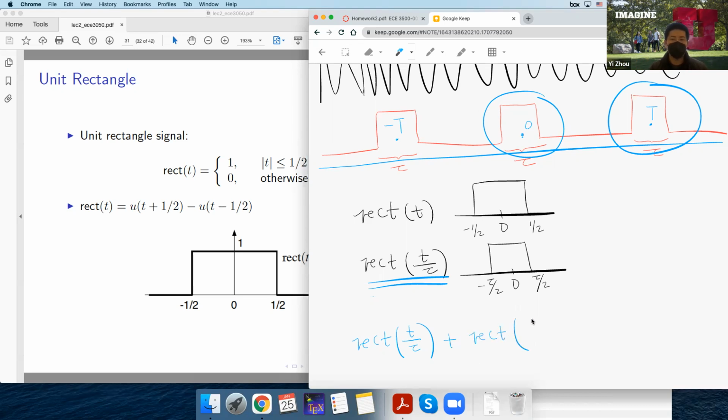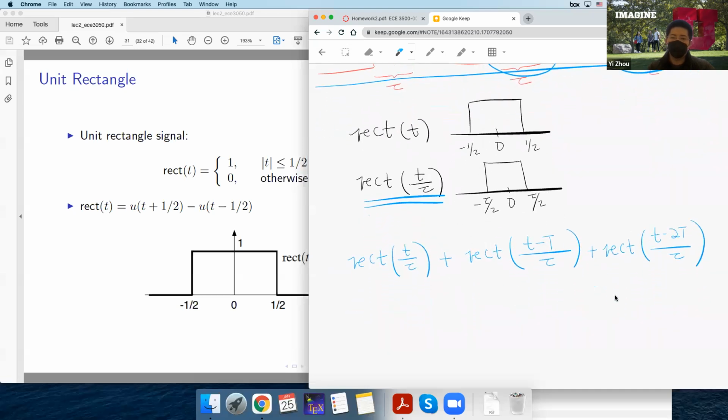I'm shifting this signal to the right by T units, so I will replace t by t minus capital T. So that gives me the first copy. And then I can keep going. So that will be the second copy on the right, and this goes on endlessly.